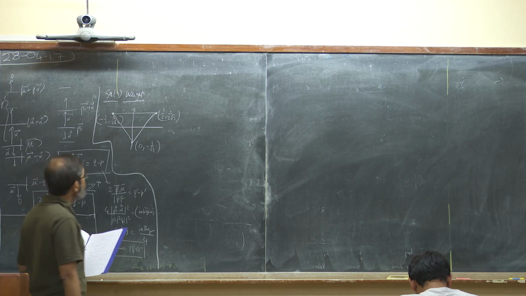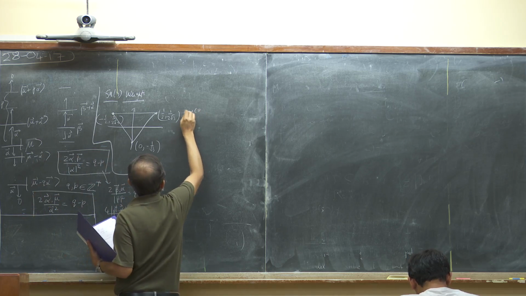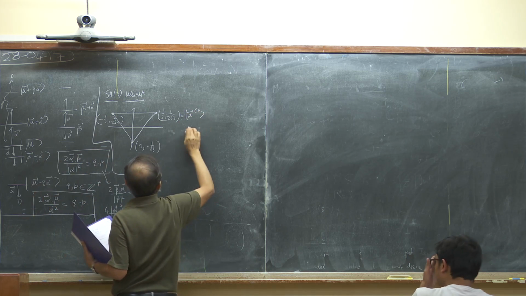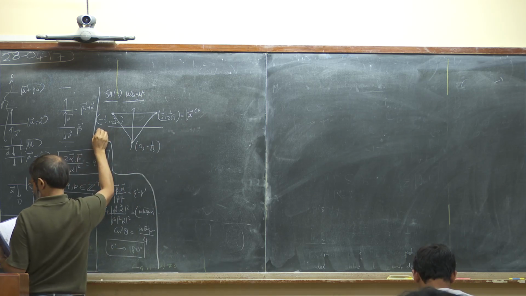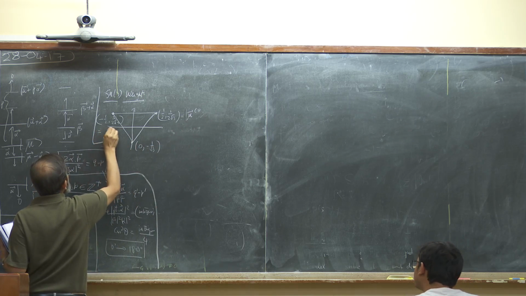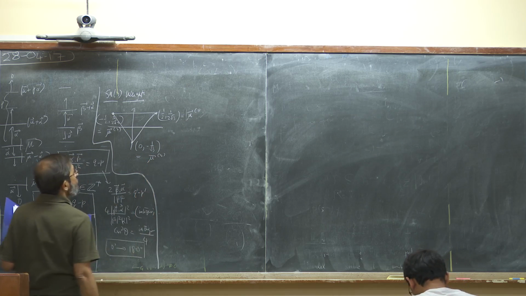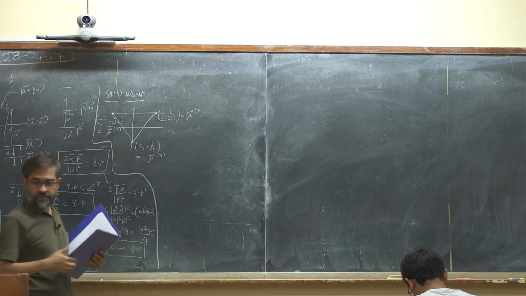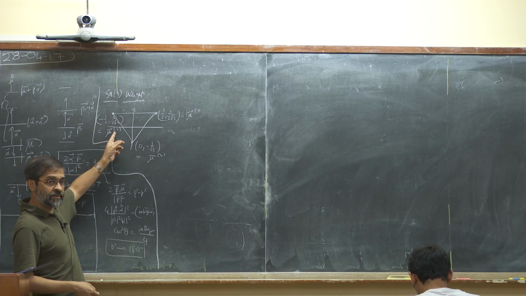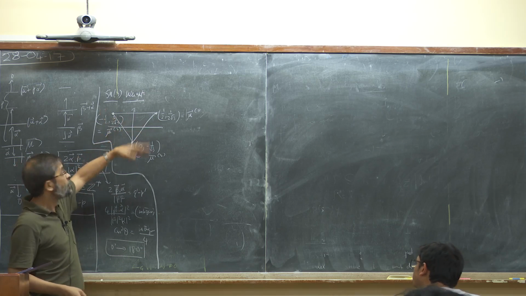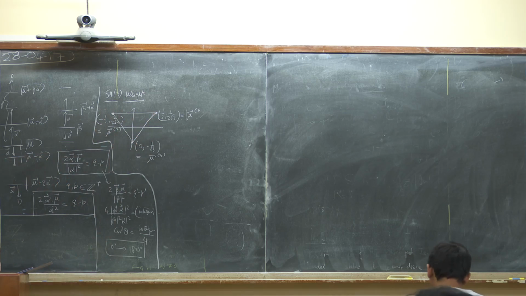Okay, let me call this vector mu 1. This vector is mu 2, and this vector is mu 3. So 1, 2, and 3 are labels of which weight it is, and the vector denotes that this is a two-dimensional object with some coordinates in the two-dimensional plane.